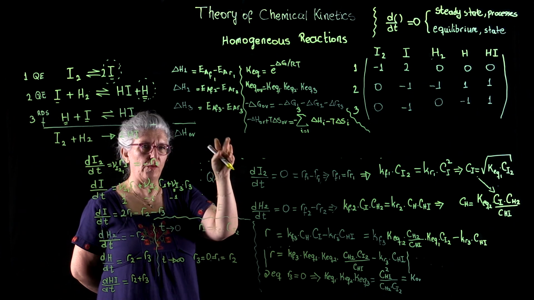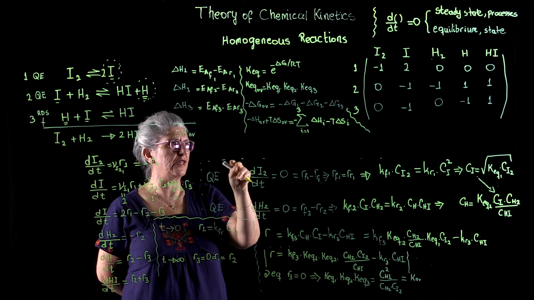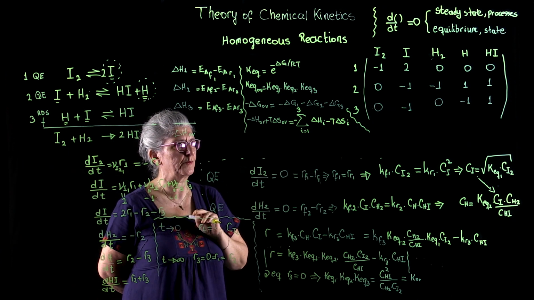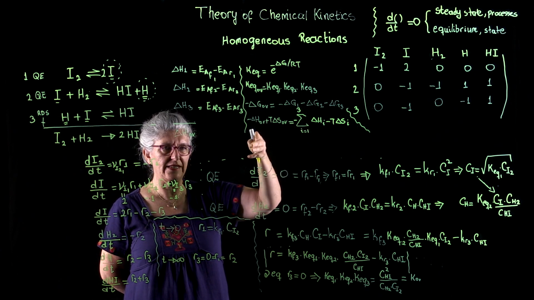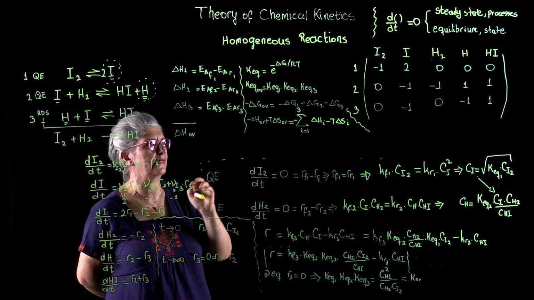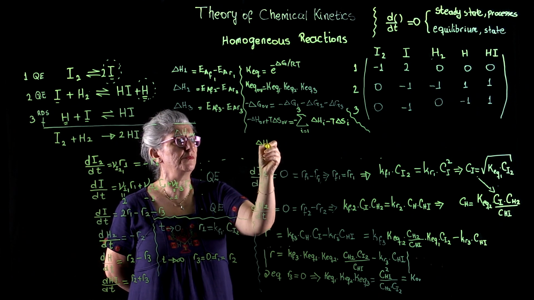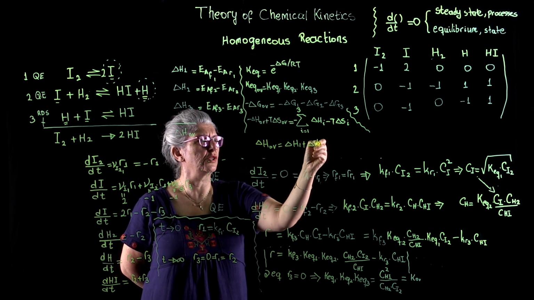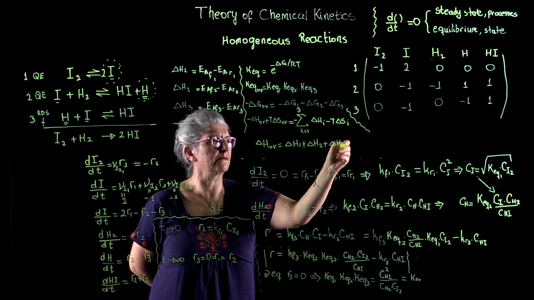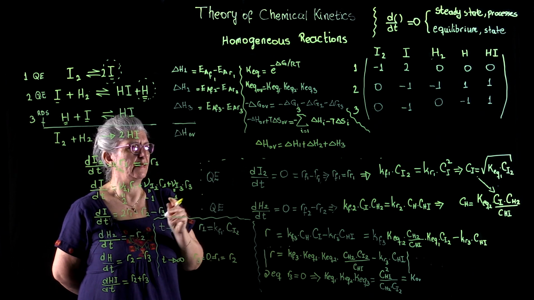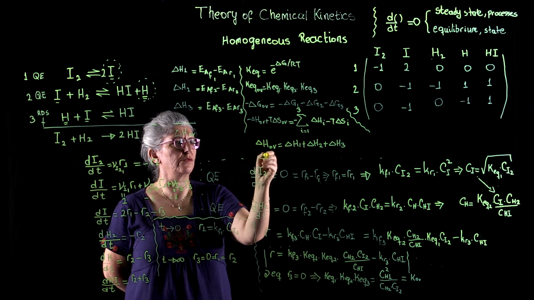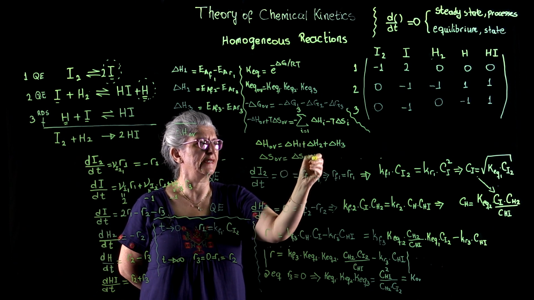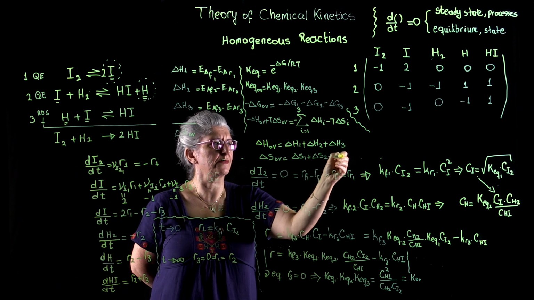Now, we are going to combine similar terms together. Similar terms are, we have a temperature dependent term group, and the temperature independent term group. So on the right side and on the left side of the equation, they should be identical. So we have delta H overall is equal to delta H1 plus delta H2 plus delta H3, and delta S overall is equal to delta S1, delta S2, and delta S3.